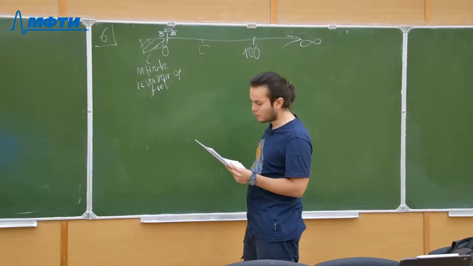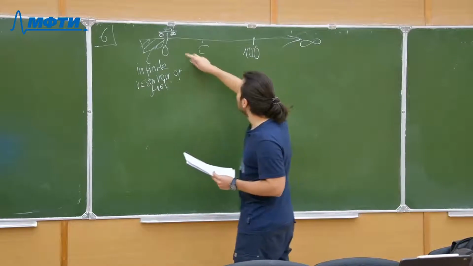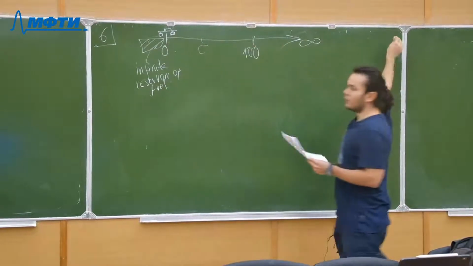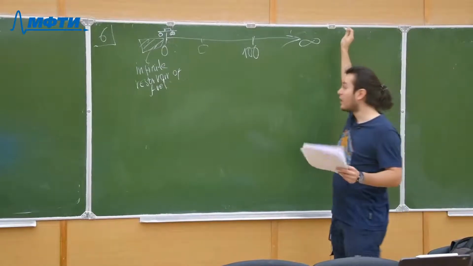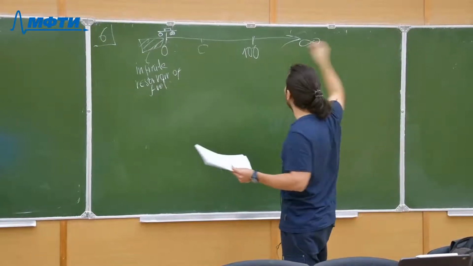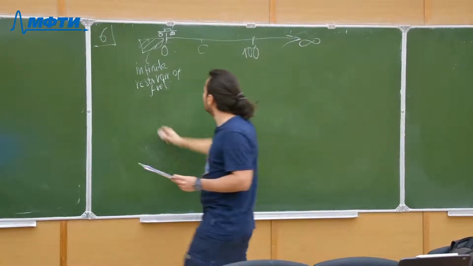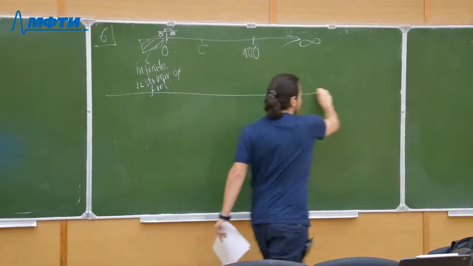Then we have to prove that it's possible to drive to any point of the half line, any miles you want. So let's solve this problem.